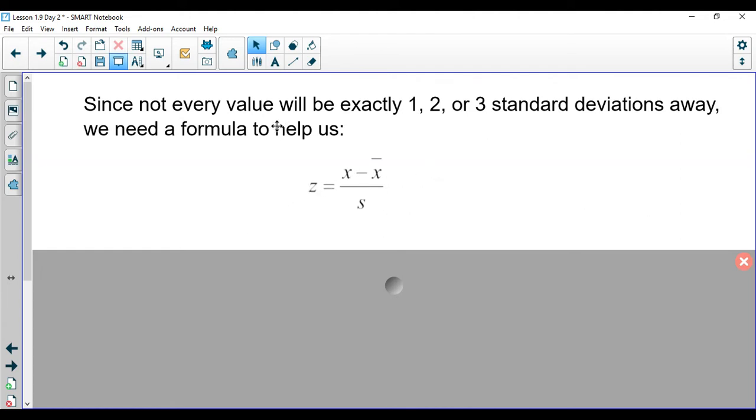The parts of the formula: first, x is our data value, whatever we're working with. x bar, we already know, is the mean. And s represents the standard deviation.